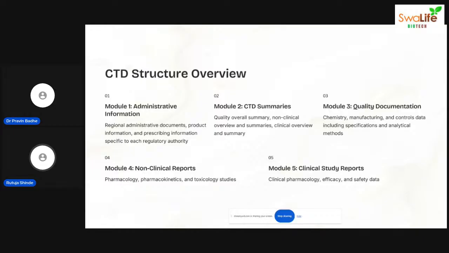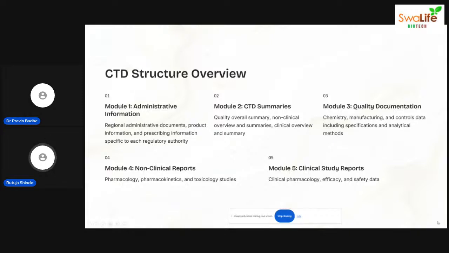Module 3 focuses on quality, including manufacturing data and analytical methods. Module 4 covers non-clinical reports like pharmacology and toxicology, and Module 5 presents the clinical evidence for herbal products. Each of these modules requires additional thought to address their unique complexity.